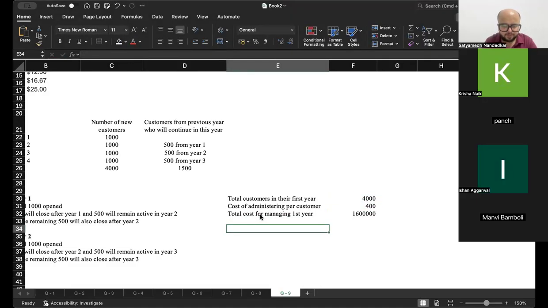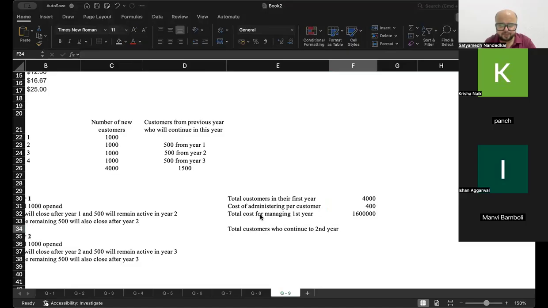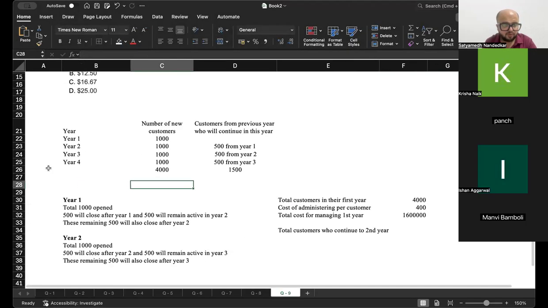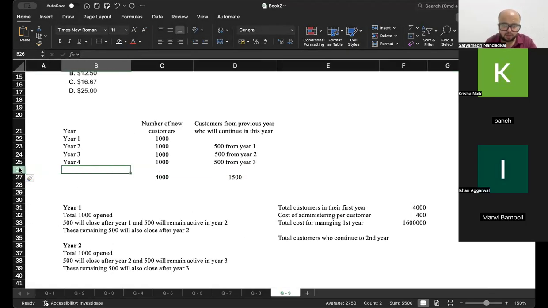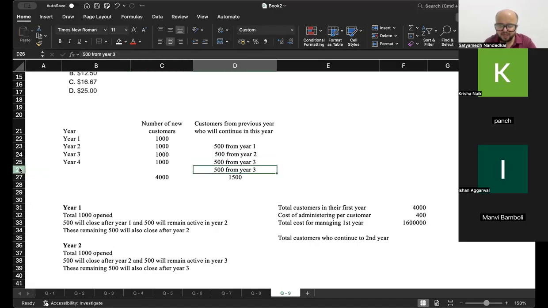Okay, and total customers who continue to second year. Oh, one more thing that we forgot to do here. We have to calculate life cycle cost, right? So this is how it will be. 2000. My mistake.